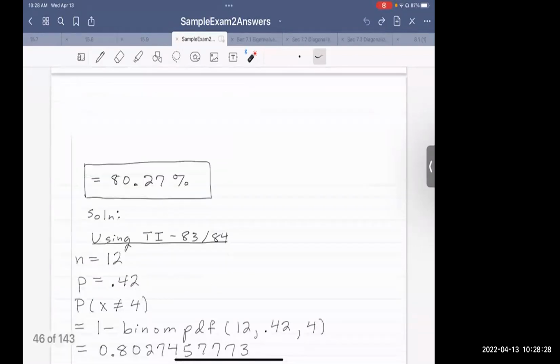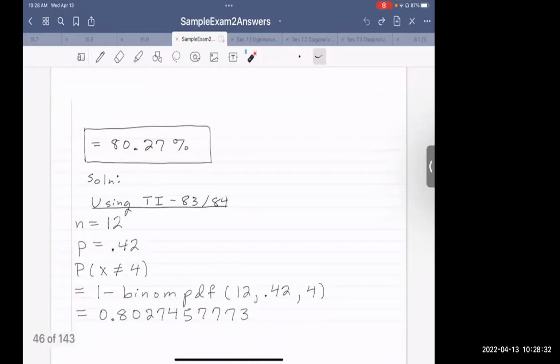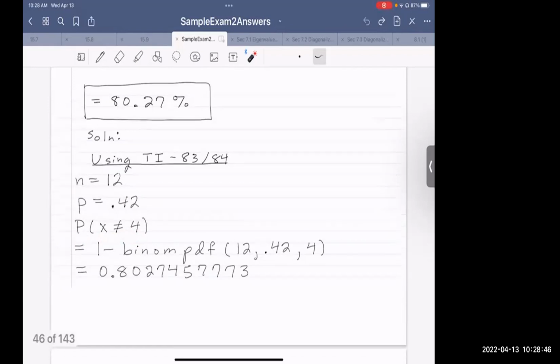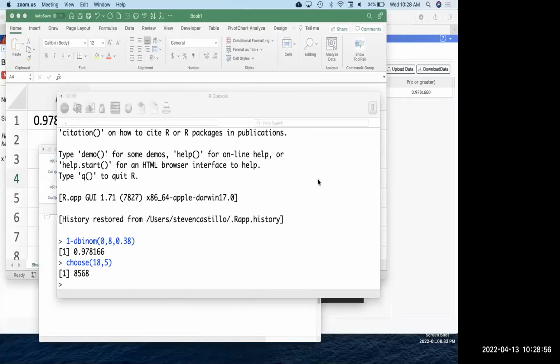Let me use the TI-83/TI-84 to do this. So again, this is a binomial distribution with n equal 12, p equals 0.42. To find the probability X is not equal to 4, I'll do the complementary event: 1 minus binompdf(12, 0.42, 4).